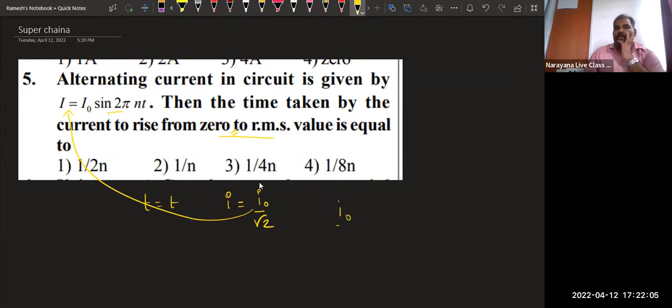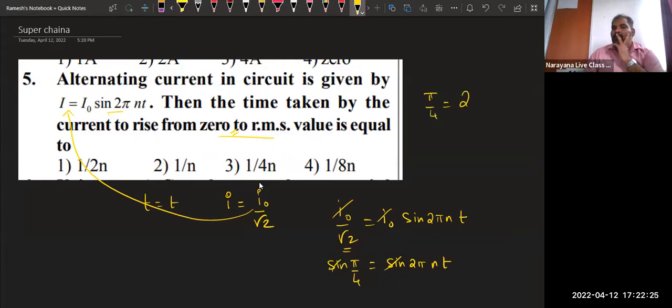I naught by root 2 equals I naught into sine of 2 pi n into t. I naught cancels out. 1 by root 2 I can write as sine of pi by 4. Sine cancels out. So pi by 4 equals 2 pi n into t. Pi cancels out. The time taken is 1 by 8n, which is your answer. Option 4 is the correct answer. Got it?